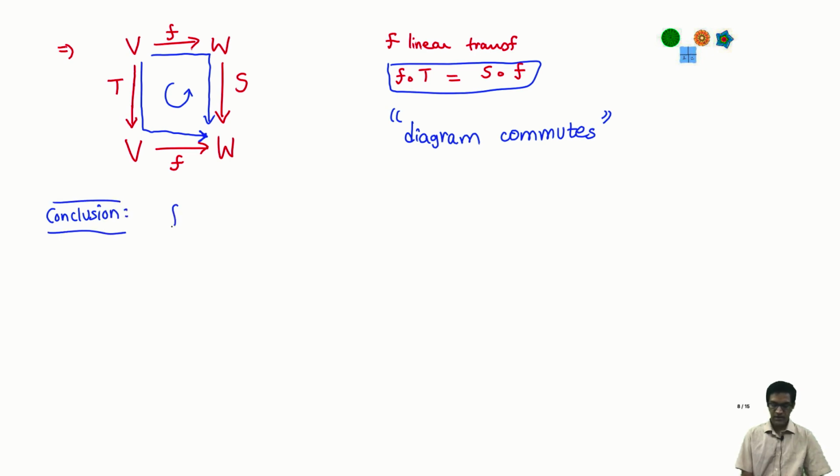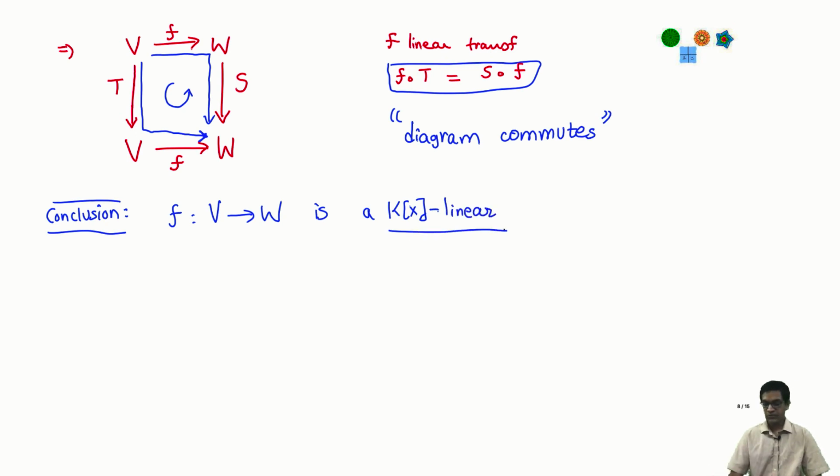F from V to W is a Kx linear map, so I am now using the alternate terminology for homomorphism. I'll keep switching back and forth between these various terminologies. F from V to W is a Kx linear map if and only if F satisfies two properties.